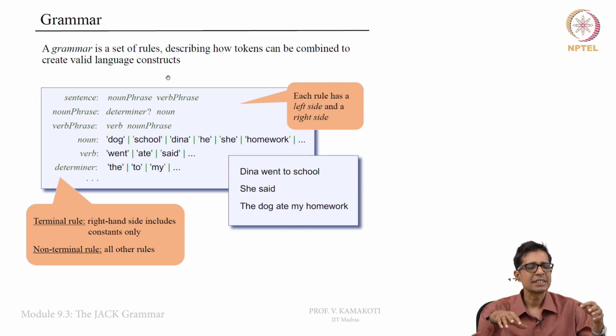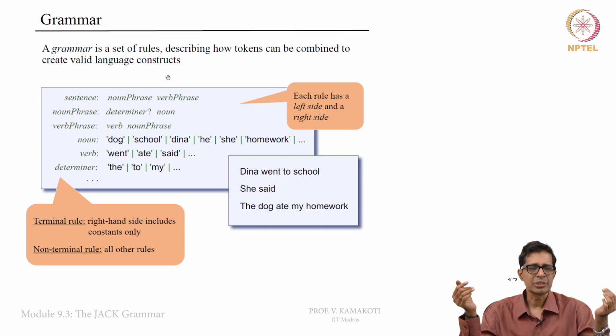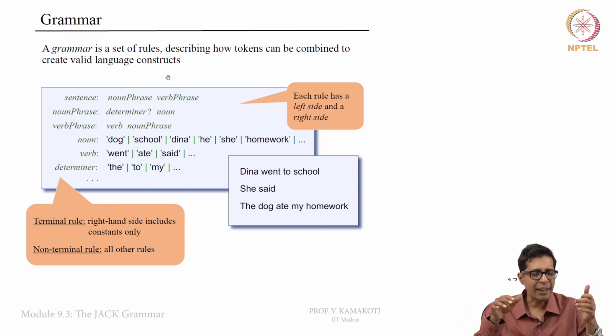The noun phrase can have a determiner and a noun. The determiner is optional: you can have a determiner or you need not, and then you have a noun. And the verb phrase will have a verb for sure, followed by a noun phrase.